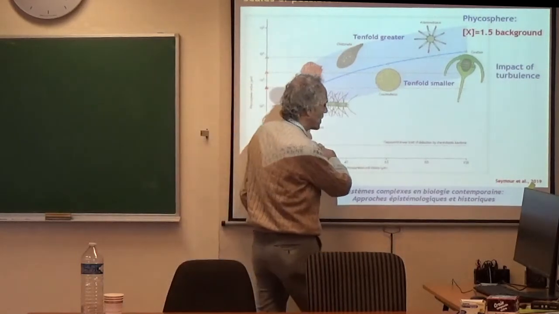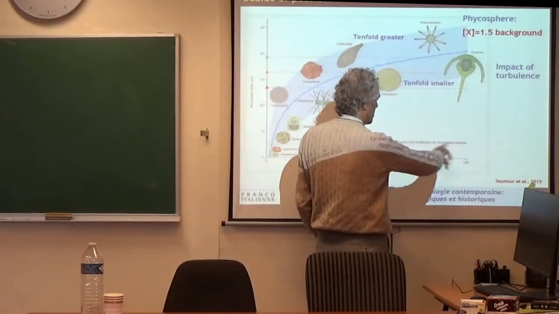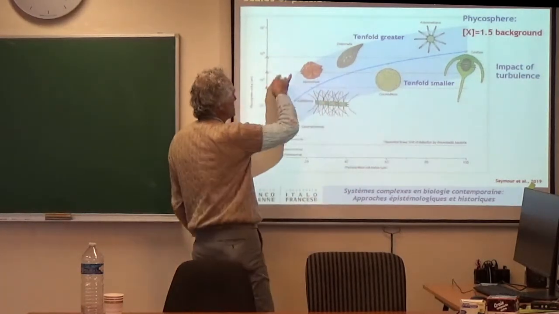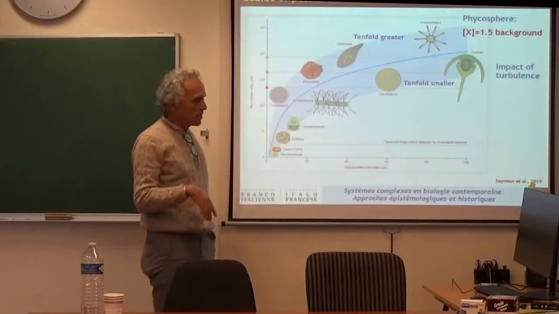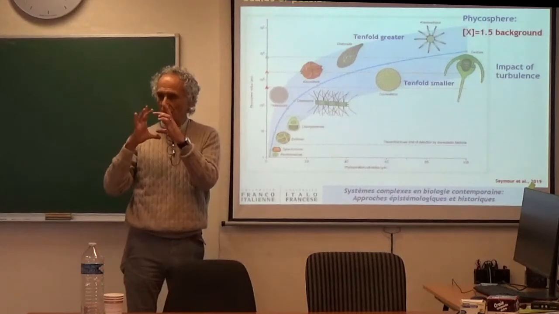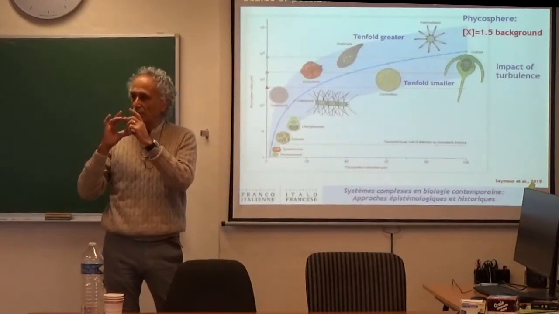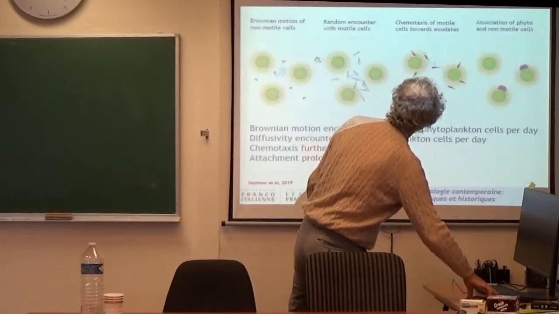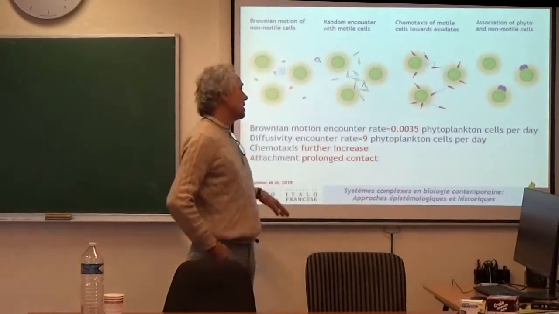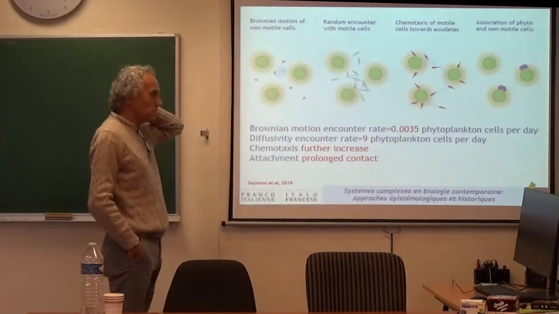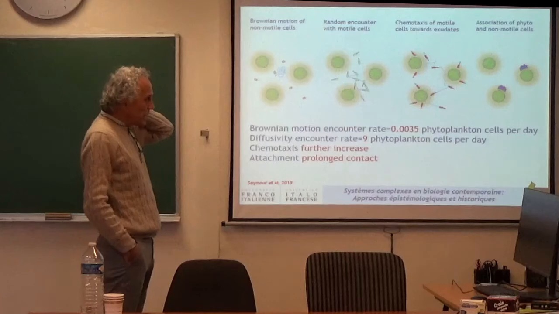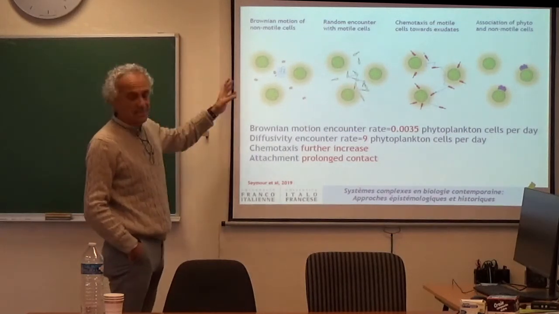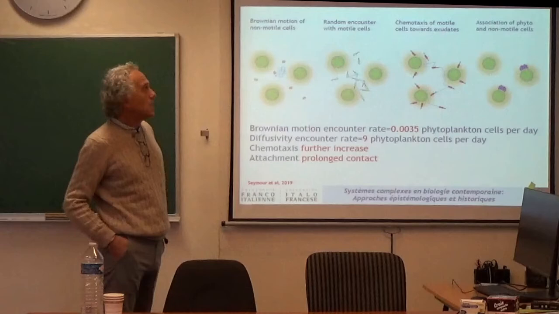Here is the lower detection for bacteria, and these lines show the effect of turbulence in distorting, squeezing and reducing the phycosphere.